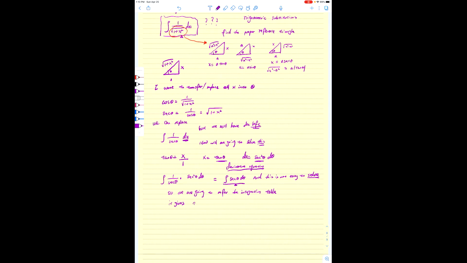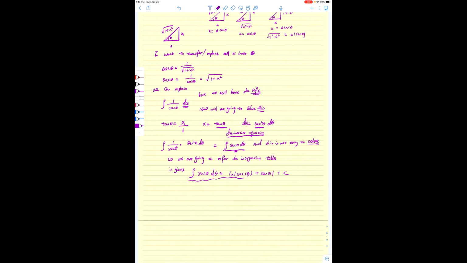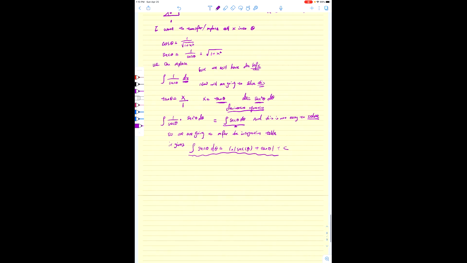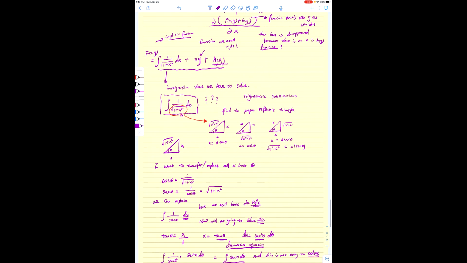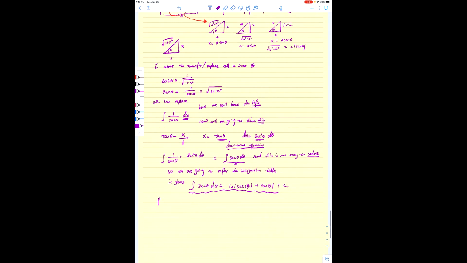It gives this: sec theta plus tangent theta plus c. So our problem from here gets solved to this.